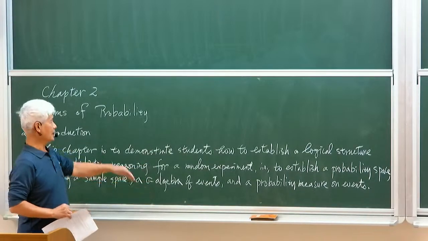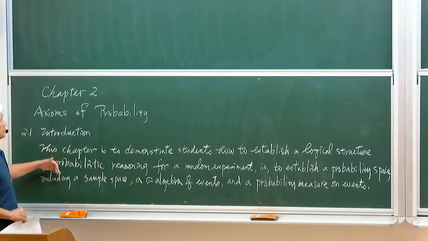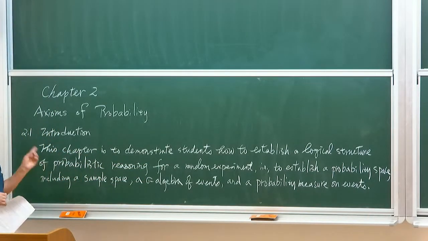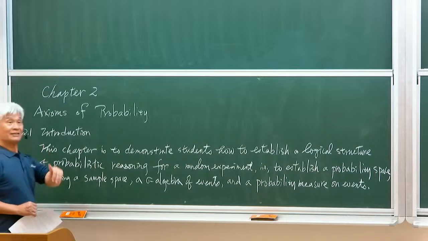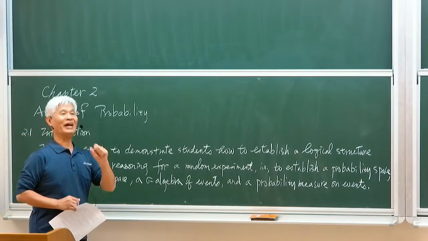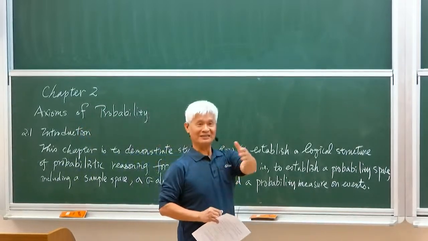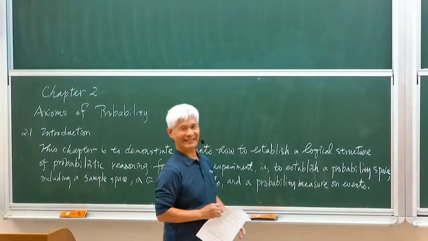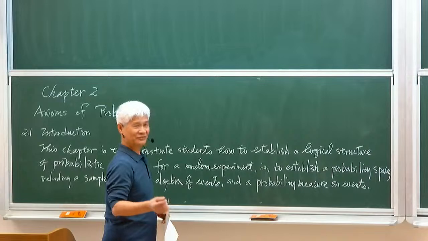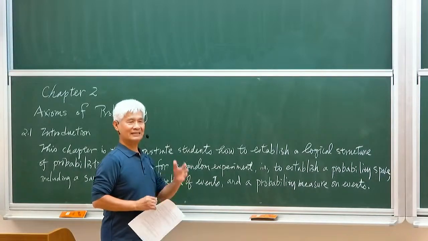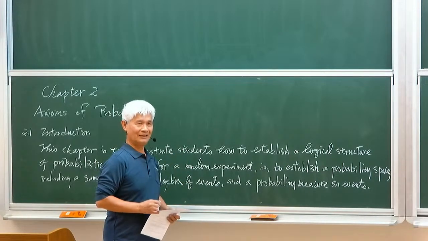So that is the central concept you have to learn in this chapter. If you have any questions, raise your hand immediately. We are a small class here now, so I hope to have an intense interaction in this classroom.